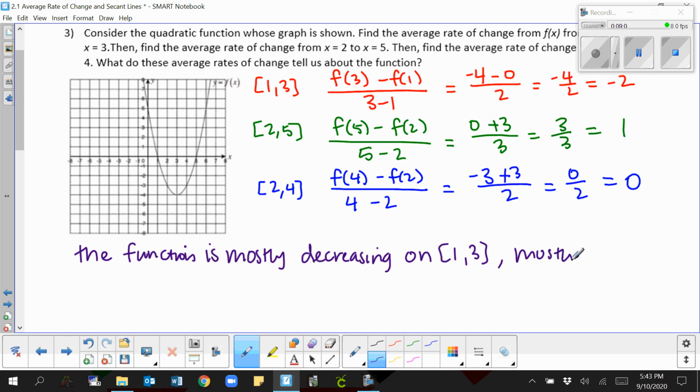It's mostly increasing on my interval 2 to 5. And on my last interval, it's increasing and decreasing equally because we have an average rate of change of 0.